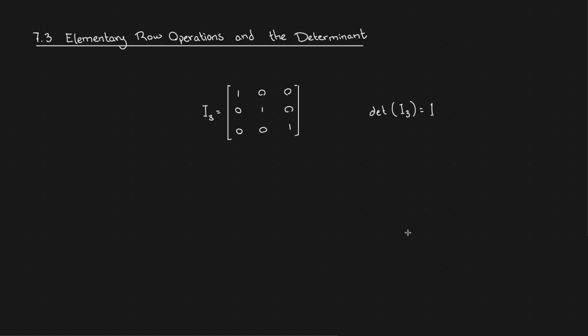Okay? Now what I want to do is look at each elementary row operation in turn. So one elementary row operation is we could swap two rows. So say I swap row 2 and row 3.